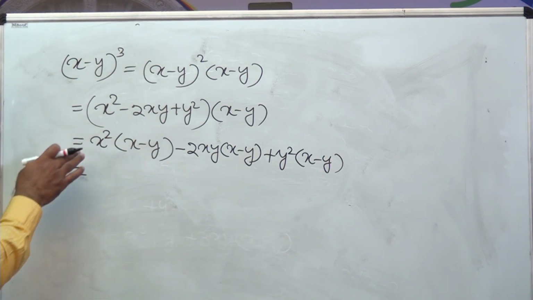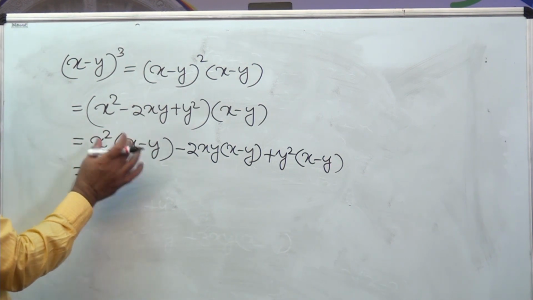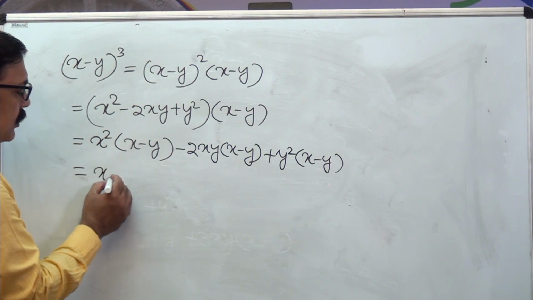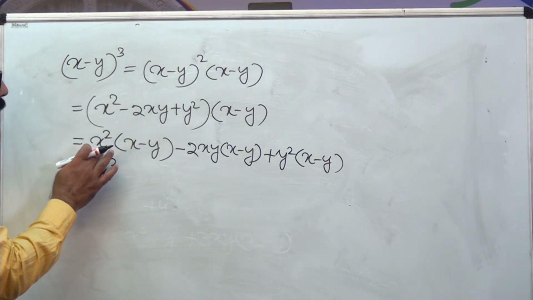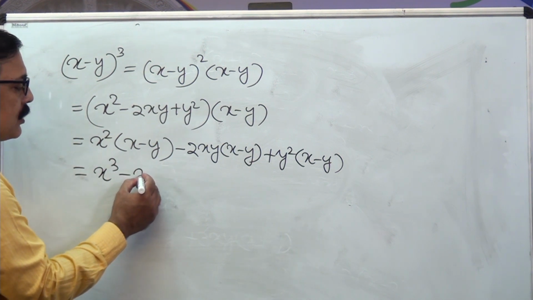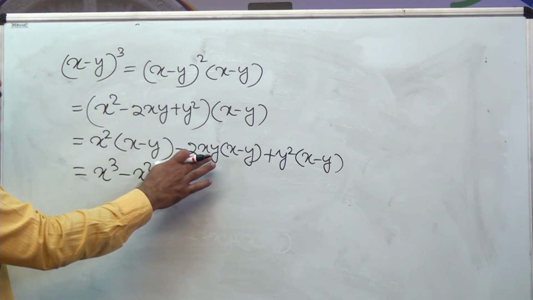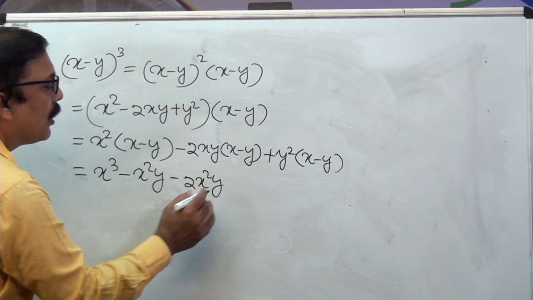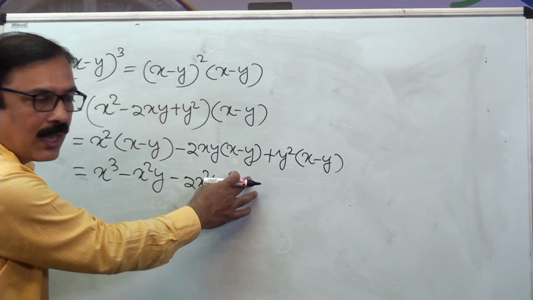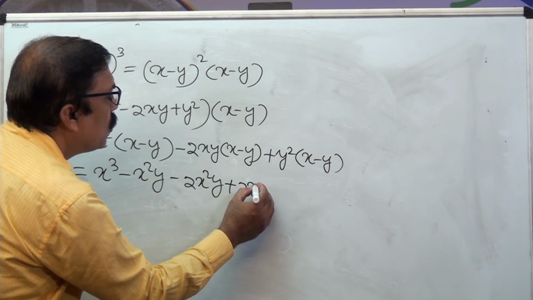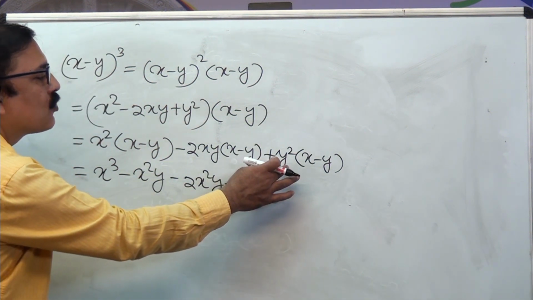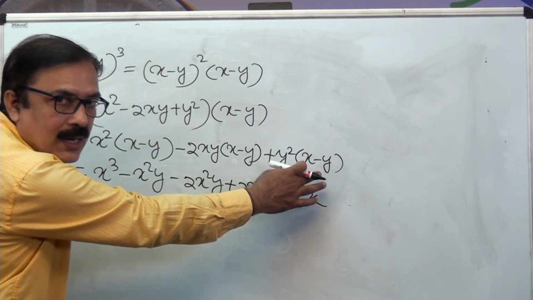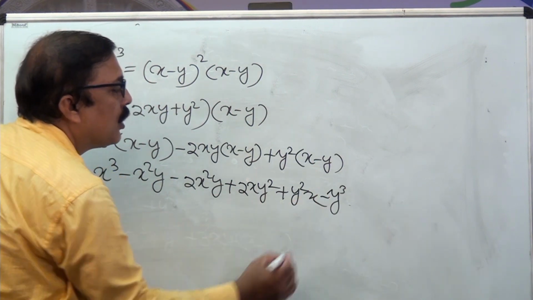Here again it is a product of a monomial with a binomial. x square into x gives x cube, x square into minus y gives minus x square y, minus 2xy into x gives minus 2x square y, minus 2xy into minus y gives plus 2xy square, and y square into x gives plus y square x, y square into minus y gives minus y cube.